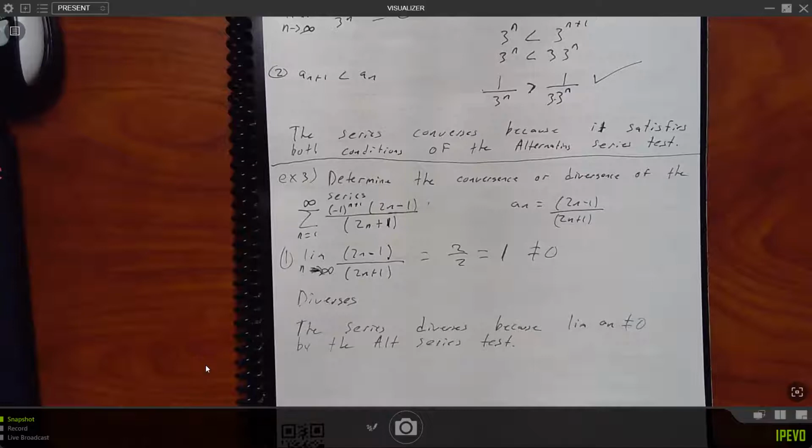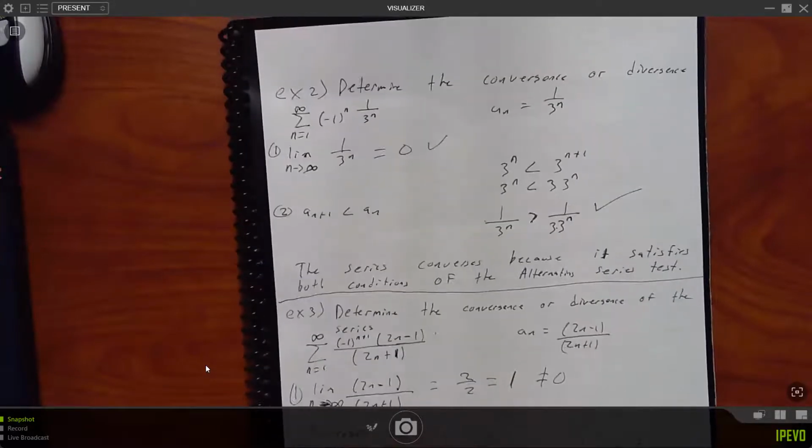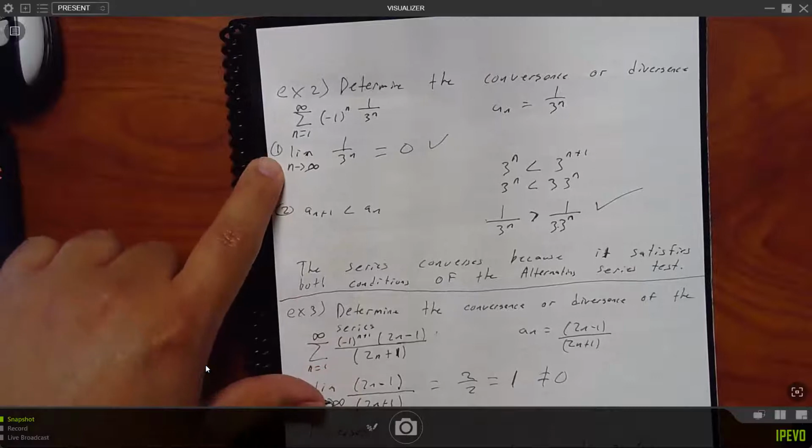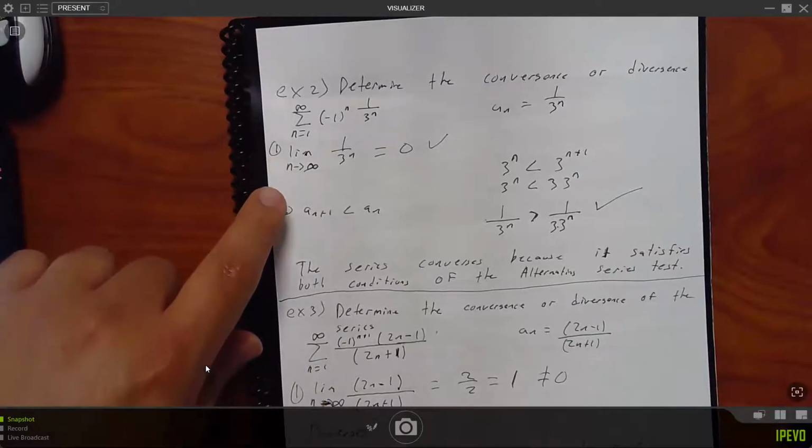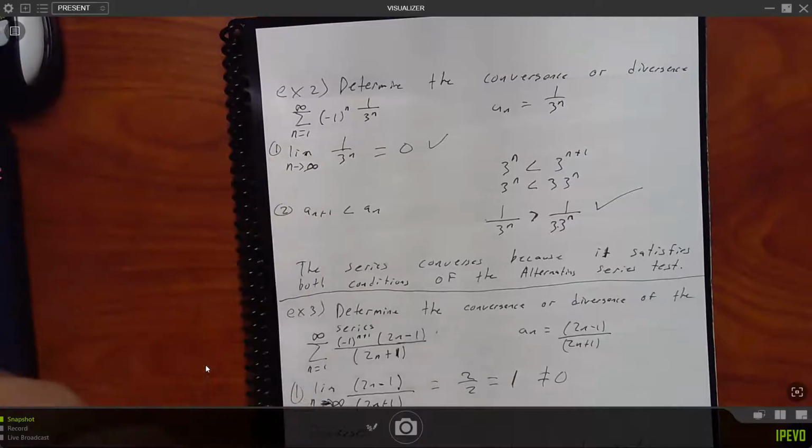Over 3, this is 0. So, which one? The one is just left. Number 2? Number, yeah, number 1 over 3.